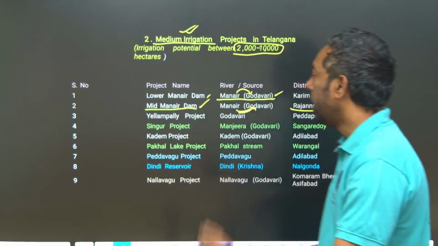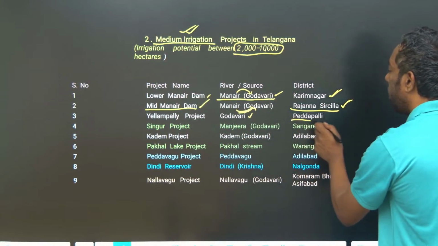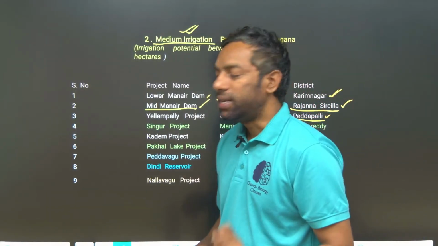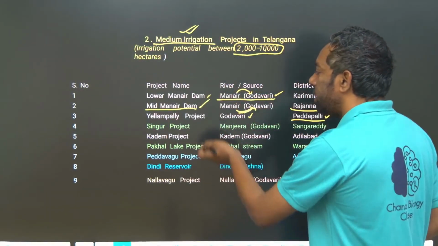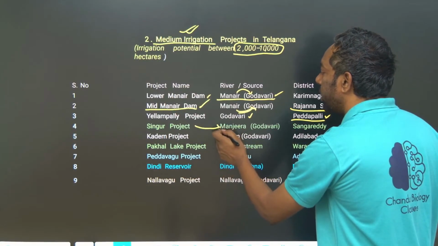Ellampalli project is also on the Godavari, located in Peddapalli district. Singur project is on the Manjira river.